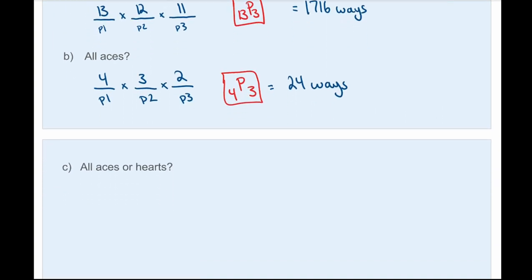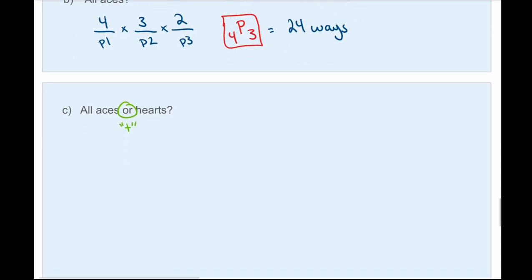C is asking, how many ways could we have all aces or hearts? Again, recognizing this or, we should think, okay, I need to add my 2 scenarios together. If we want to break it down, we could do it again into 2 steps.